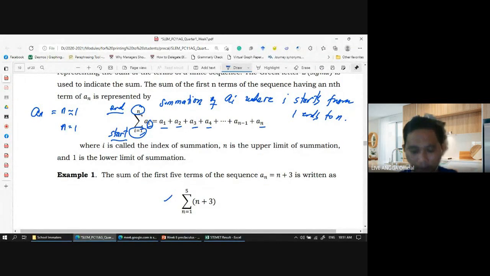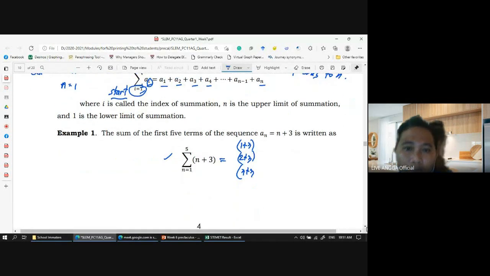This is read as the summation of n plus 3, where n starts from 1 to 5. So it means it starts at 1 plus 3. Next, 2 plus 3. 3 plus 3. The n starts at 1, and the plus 3 is permanent.